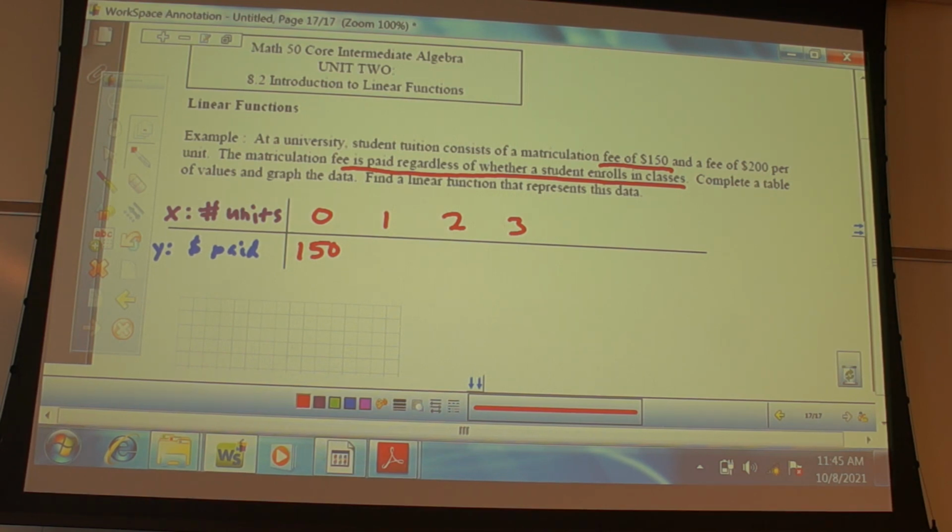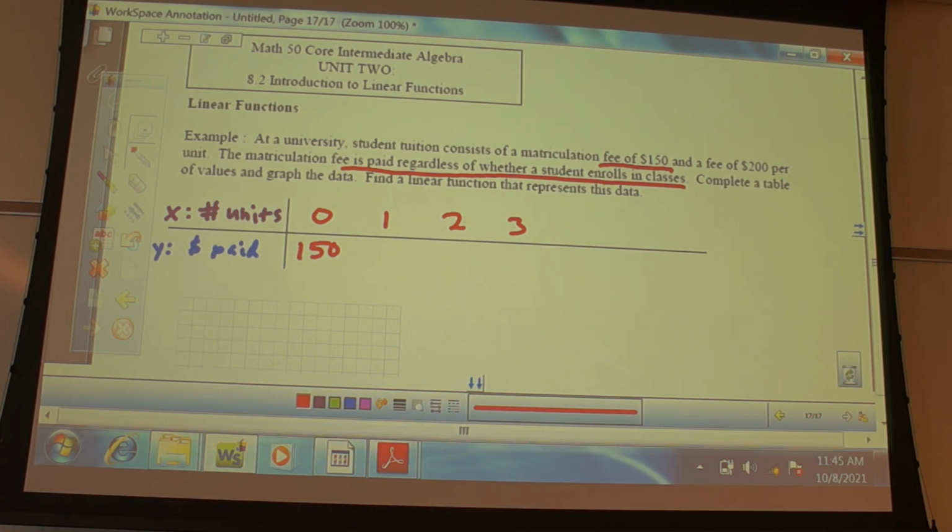It's 200 per unit. So you always have to pay the registration fee, the matriculation fee, and then on top of that you have to pay money per unit for each unit you take.